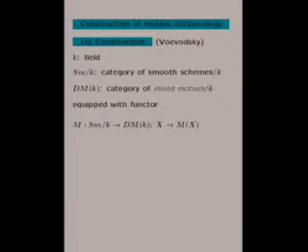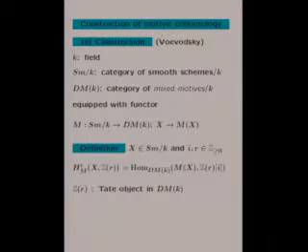It is equipped with a functor from smooth schemes to this category, which means that for each smooth scheme X over K, you have an associated mixed motive. Then the motivic cohomology group is defined as the Hom set from the motive associated to X to a very special object called a Tate object in this category. That is a very beautiful machinery to define these motivic cohomology groups.